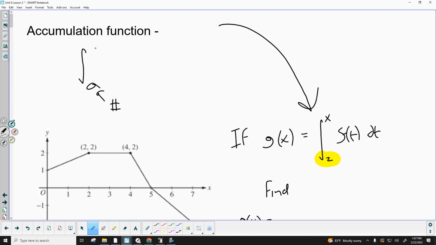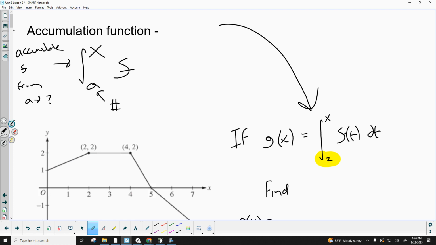To a variable, of some function. It's saying accumulate f from a to x. Add up all the f's like your calculator does when it finds the area. Add up all of those y's from here to here. Accumulate f from a to your unknown. And usually you will not see this accumulation function by itself. It will be equal to something else.